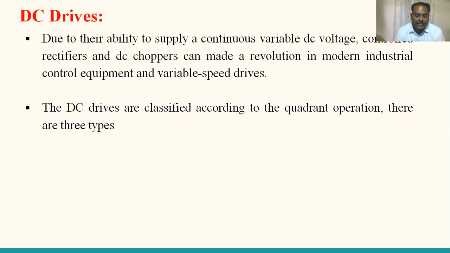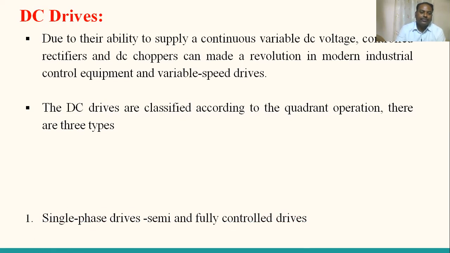And if you draw the same characteristics between speed and torque, it also gives the 4 coordinates of forward motoring, forward braking, reverse motoring and reverse braking. The 4-coordinate operation. So DC drives are classified according to the coordinate operation. No doubt in this.